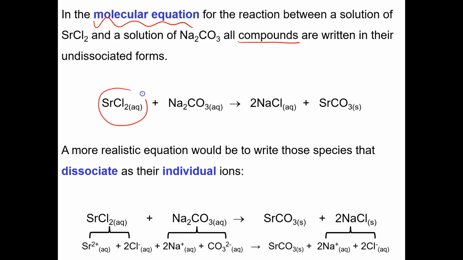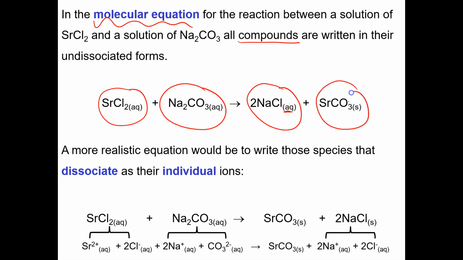So strontium chloride is combined with sodium carbonate, and that results in the formation of sodium chloride, which is present as an aqueous solution, and strontium carbonate, which precipitates out of the solution. Now, this is helpful. We have to be really careful to pay attention to the phase labels in order to understand that a solid is formed.